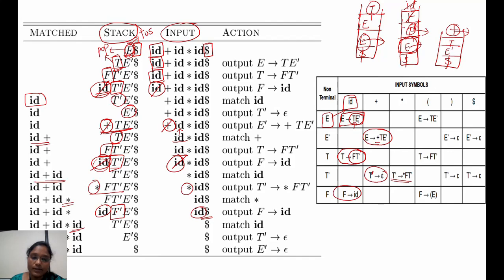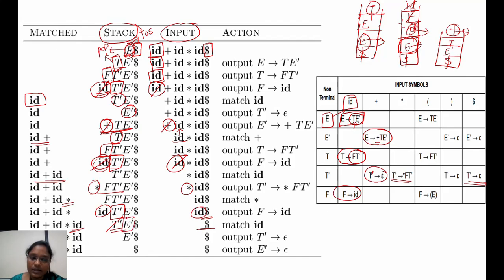So now still we don't have dollar as the top of the stack. So T dash on dollar, again we need to check. T dash on dollar is T dash gives epsilon. So it means that it gets vanished. We pop this out, and of course, since it is an empty string, even if it is pushed, it is not going to have any value.